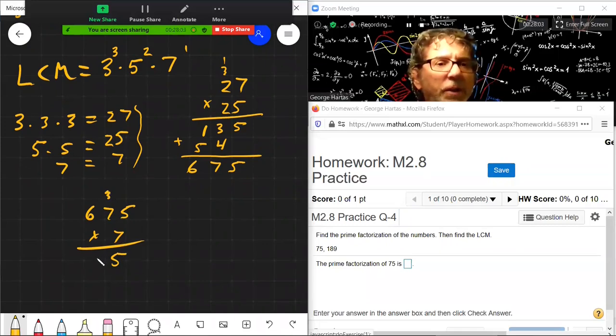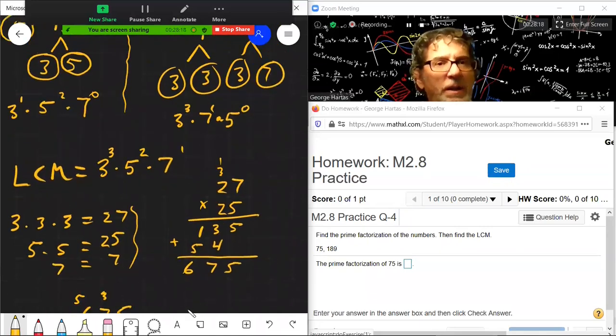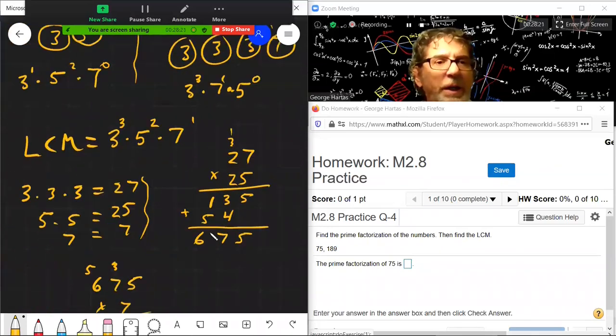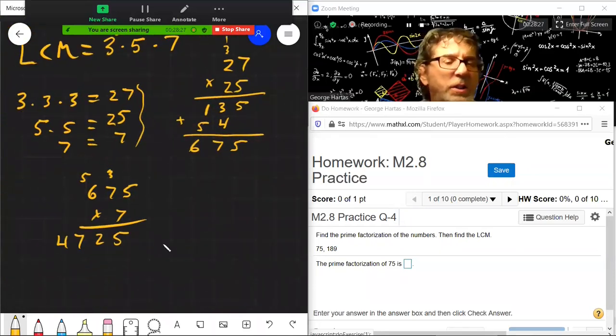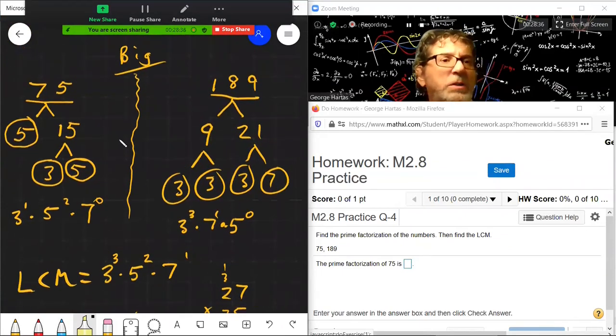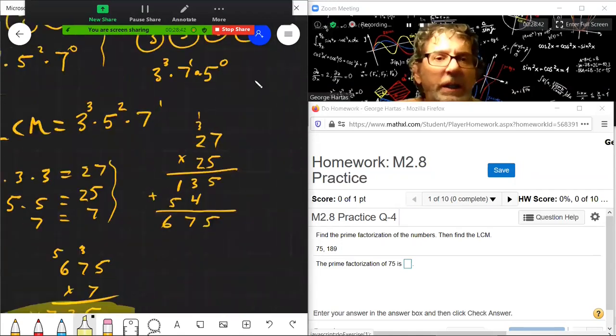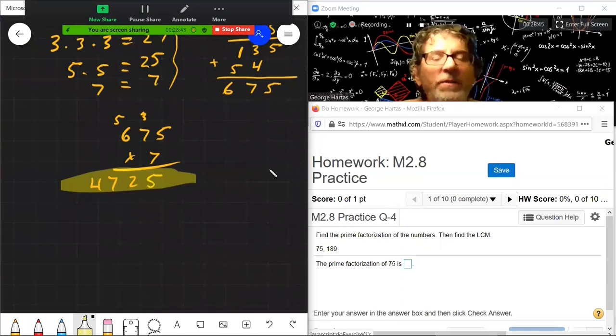Plus 3 is 52. 42 plus 5 is 47. Wow, that's big. Okay, so if I did my math correctly here, and we'll find out in a minute, the lowest number that exists in the universe that both 75 and 189 divide into is 4,725.